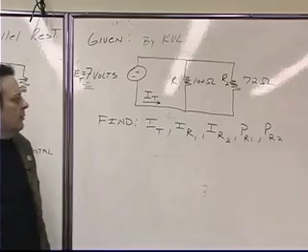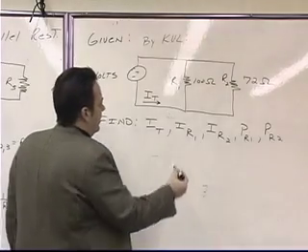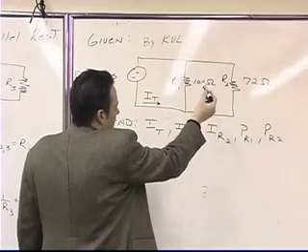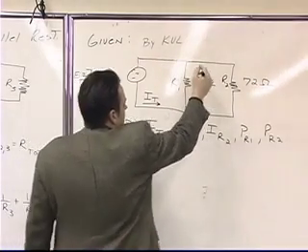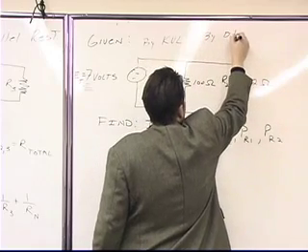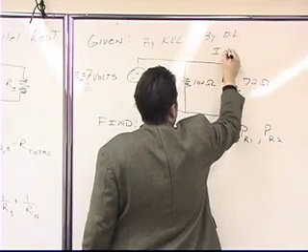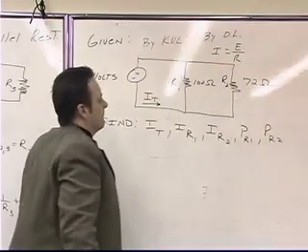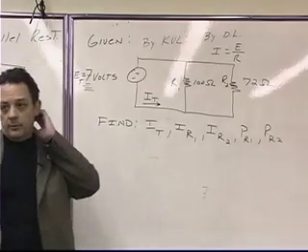Okay? Well, if I know that there's 7 volts across here and I know the resistance, then I can very easily calculate the current. Because I know that by Ohm's law, current is equal to voltage divided by resistance, don't I? That's one of the formulas in Ohm's law.